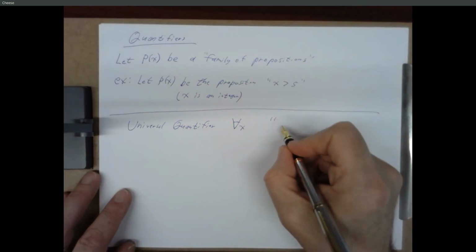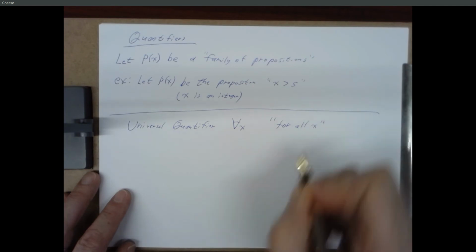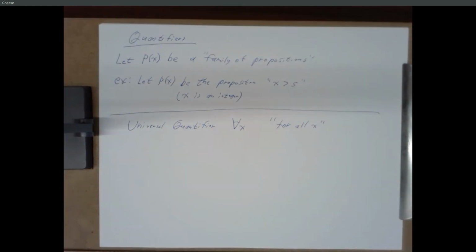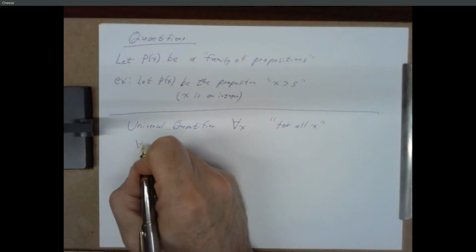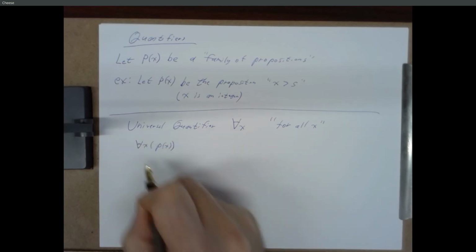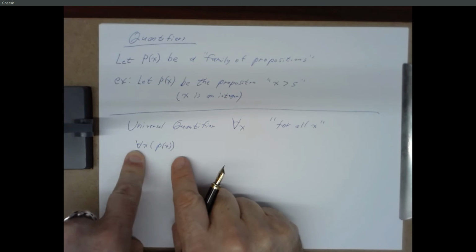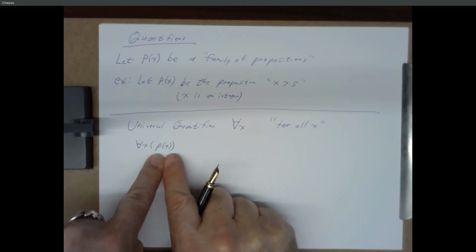And we can translate this as saying for all X. And so I could write the statement for all X, P of X. And this is a proposition. It's the proposition that for all possible values of X, the proposition P of X is true.